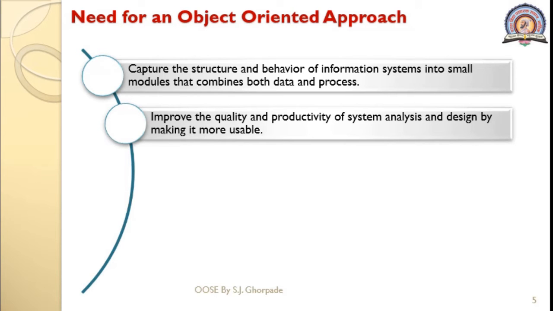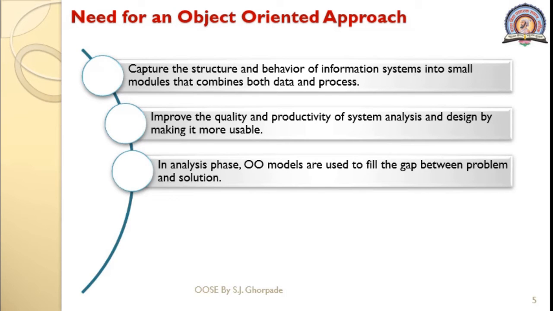It improves the quality and productivity of system analysis and design by making it more usable. Here we can reuse some of the components designed for any software system. So reusability is one of the important features of object orientation. We can say inheritance is one of the mechanisms.